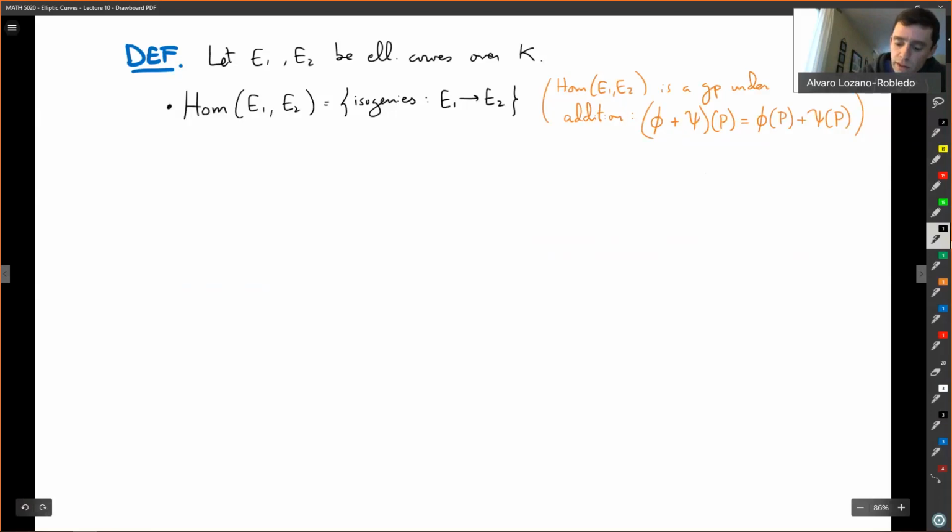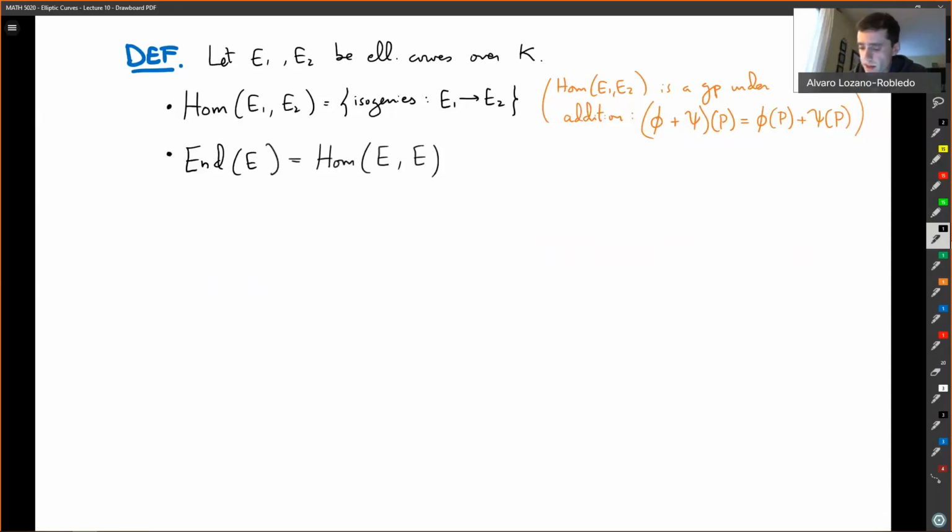Now the endomorphisms from E to E. The endomorphisms are always from E to itself, so we don't need to write the second E. The endomorphisms of E is the group of homomorphisms from E to E, so isogenies from E to itself.